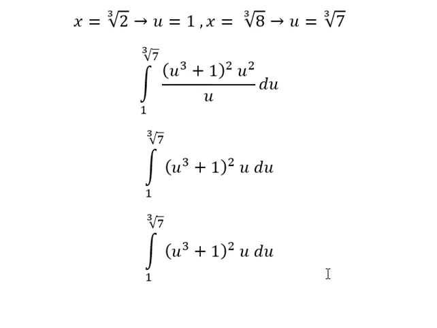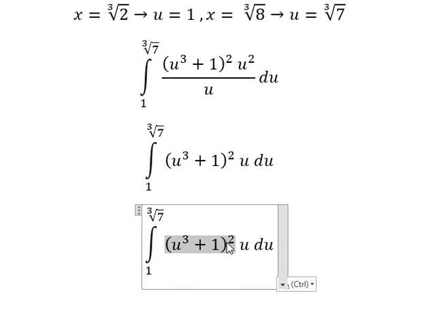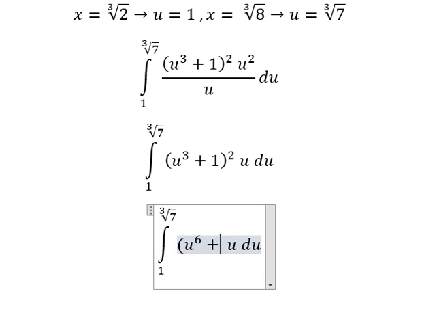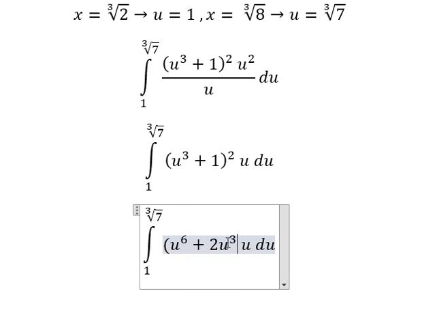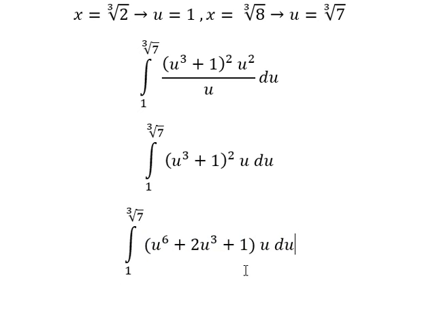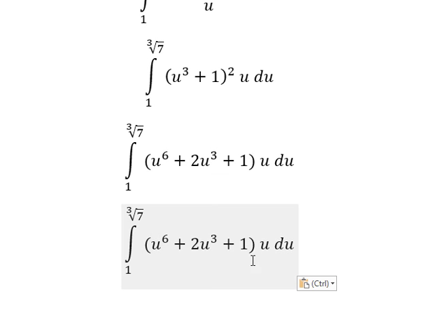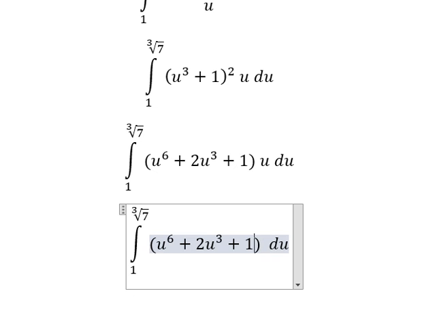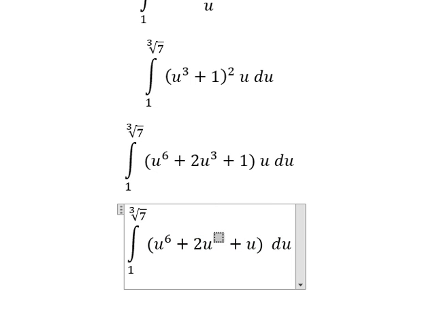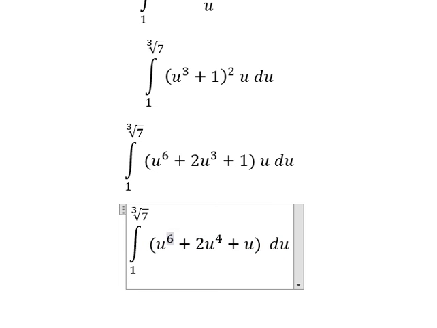And now, we need to expand this one. So u multiplied by 1, u to the power of 3 and u to the power of 6. So we have u to the power of 4 and u to the power of 7.